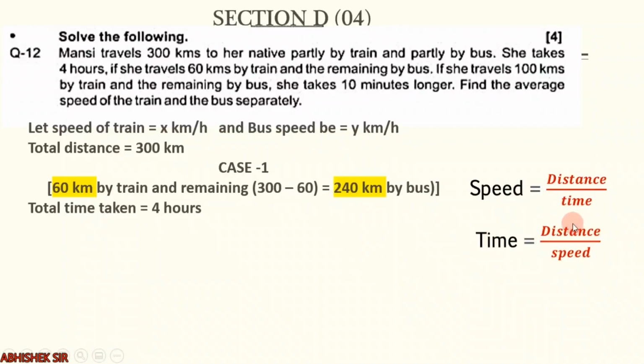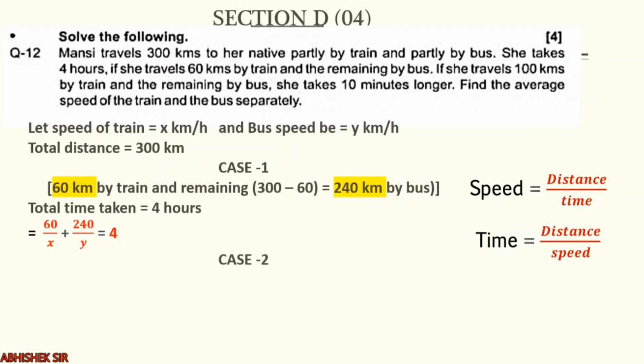So the train will be 60 upon x, 240 is by bus, that is 240 upon y. So using time equals distance upon speed, we made this equation: 60 by x plus 240 by y equals 4.